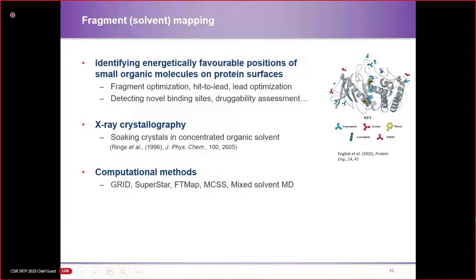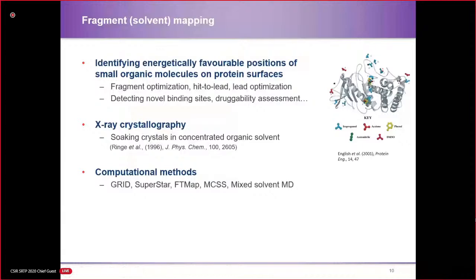So you can map the whole protein to see where things bind. The places where a lot of things bind are called hotspots, for the obvious reason that many molecules bind there, and they tend to be a good starting point from where you build your drug molecule and grow the small fragment.